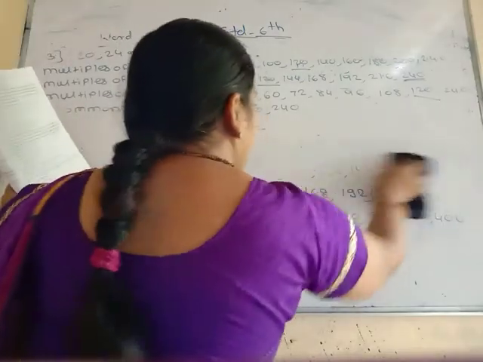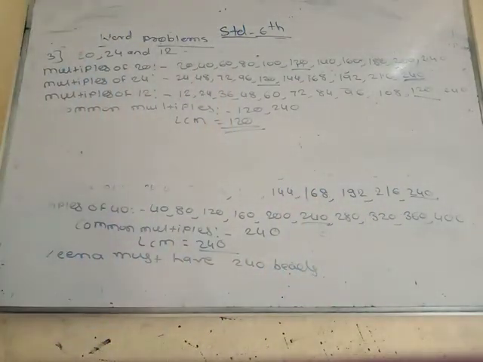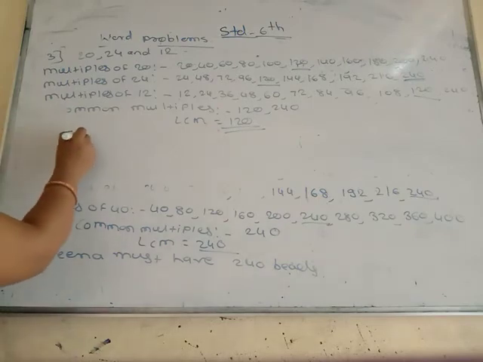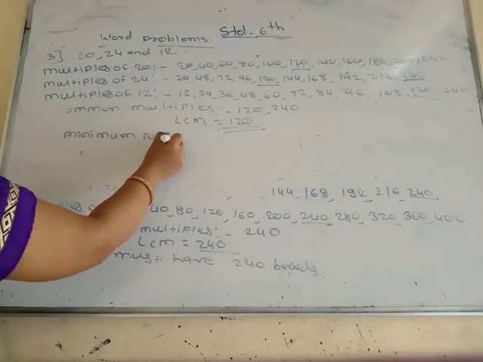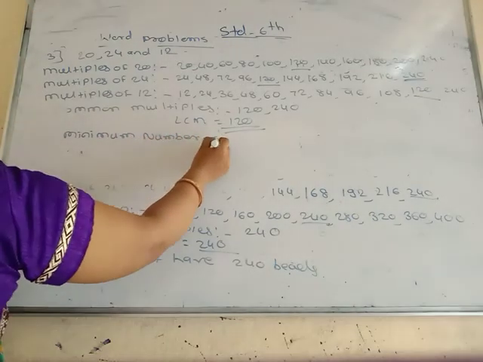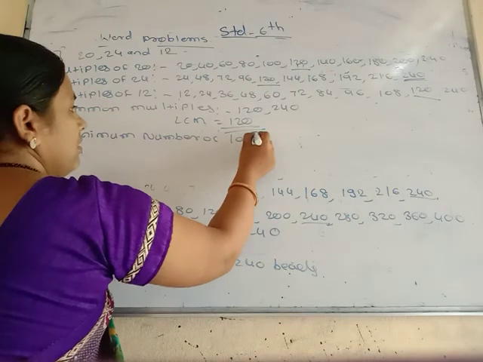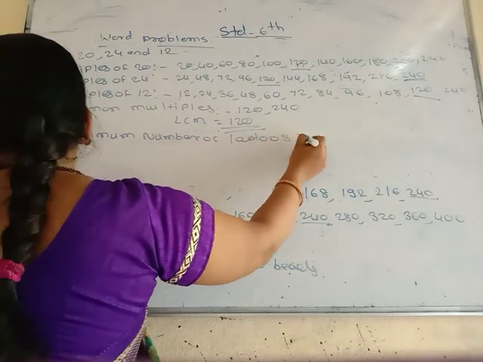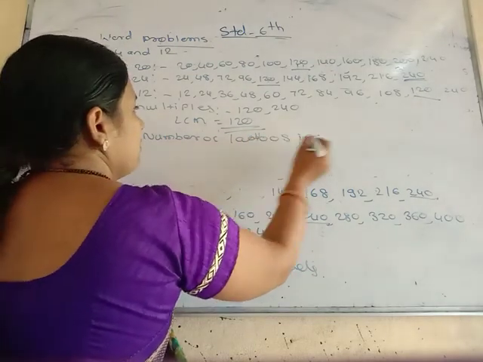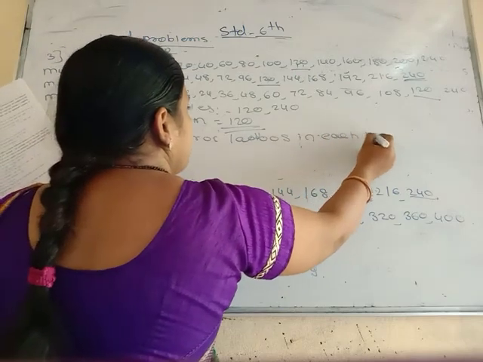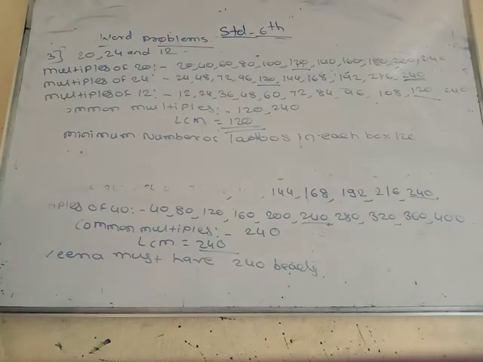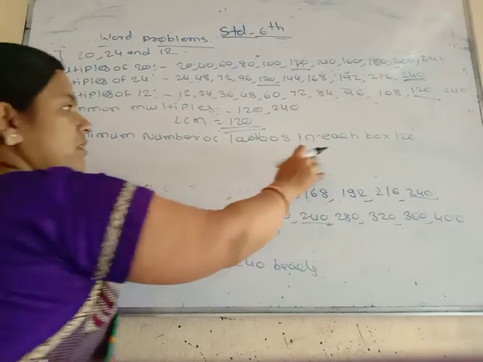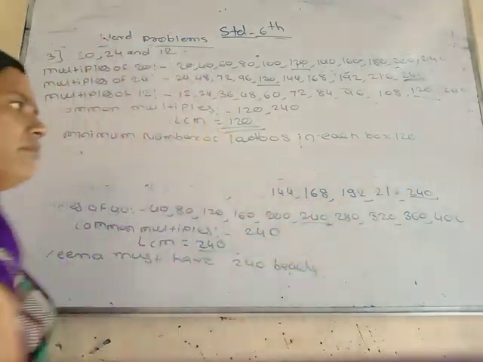Minimum number of ladus in each box, how many? 120. But the total number of ladus in 3 boxes, how many? In one box, how many ladus are there? 120.